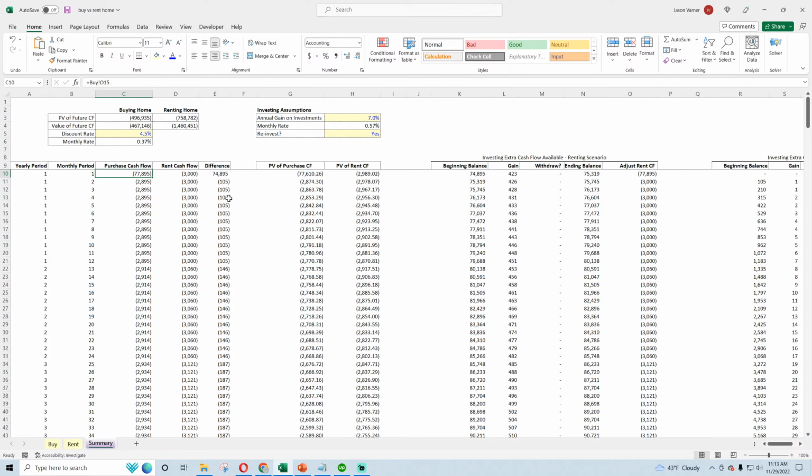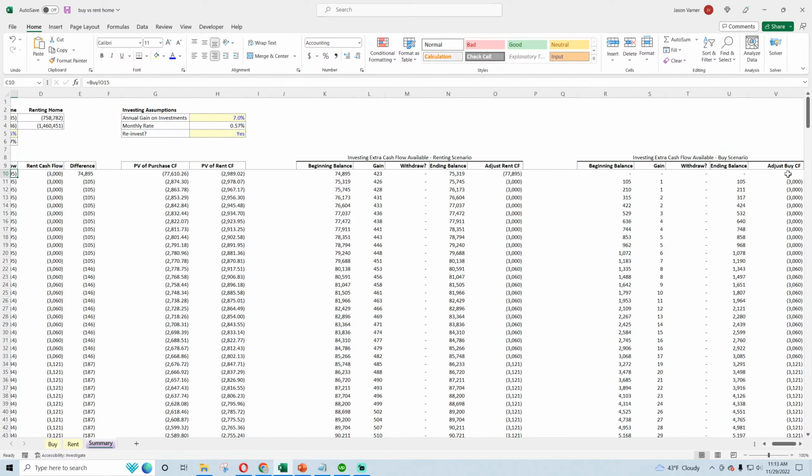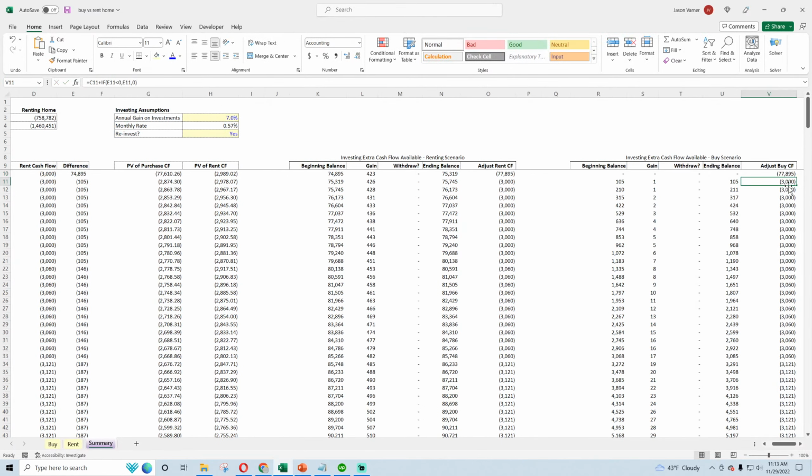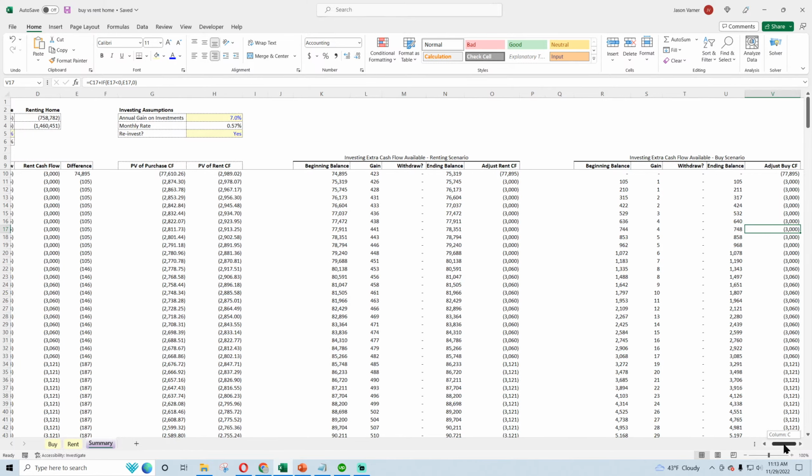It's never going to be more expensive on renting. It's always going to be more for buying. So there's never going to be an adjustment or an investment for this. So we can just say this is going to equal this. That's fine. I'm happy with that. That's going to fit 100% of scenarios. Pretty confident saying that.